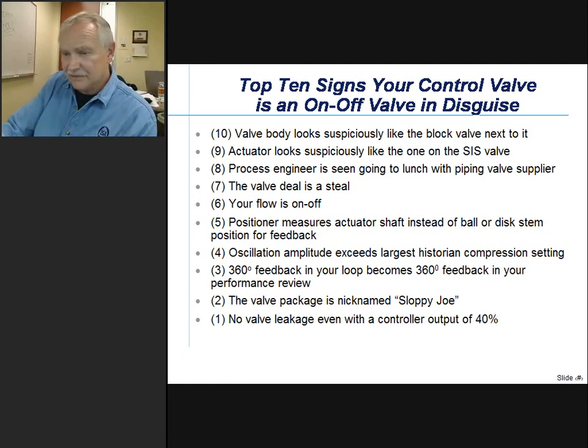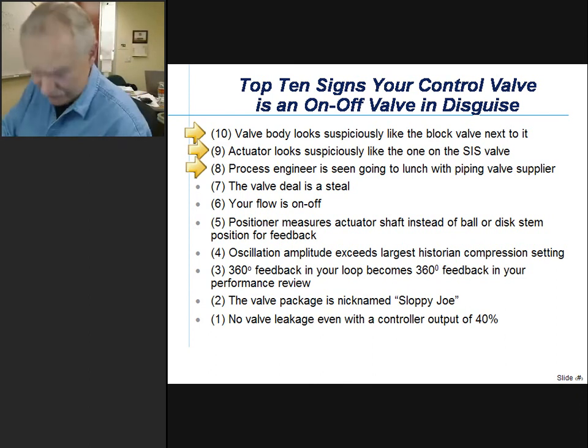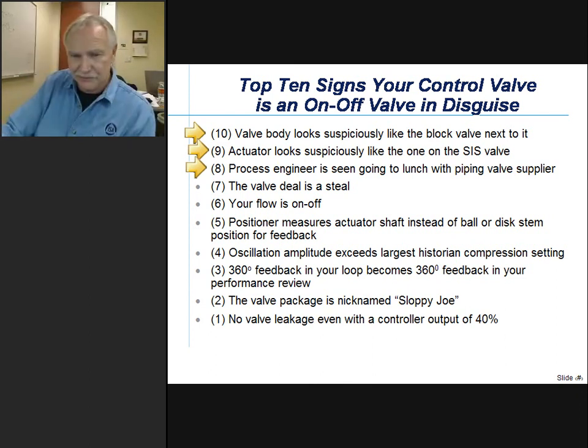The positioner measures actuator shaft instead of the ball or disc stem position for feedback. Oscillation amplitude exceeds the largest historian compression setting. 360-degree feedback in your loop becomes 360 feedback in your performance review. The valve package is nicknamed Sloppy Joe. There's no valve leakage, even with a controller output of 40%.